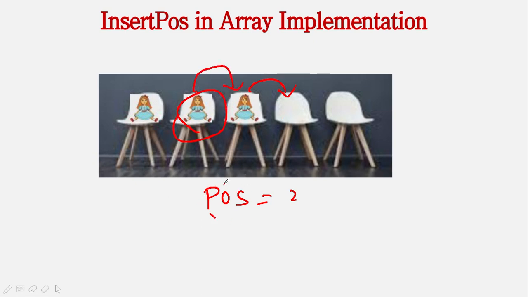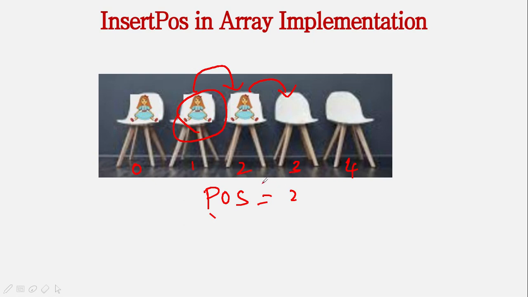My human indexing is position 2, but look at the indexing followed by the system. It will be 0, 1, isn't it? So when I write the logical code, I have to mention that I have to move elements till position -1, and then this particular chair will be free. I can place the new element here. This is the idea behind the implementation.